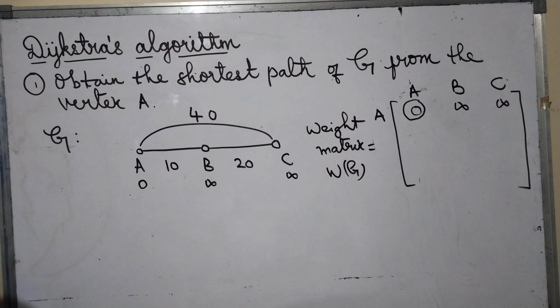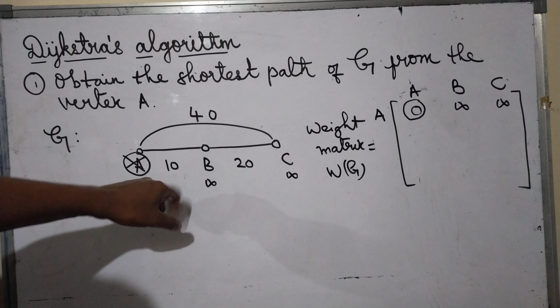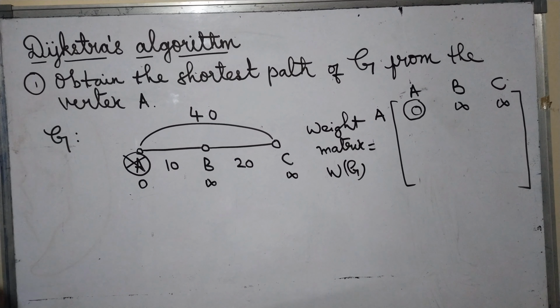Now let us block the vertex A. Look at the blocked vertex A and its adjacent vertices. We have the vertex B as well as the vertex C. Now let us allocate the new weights for these vertices.